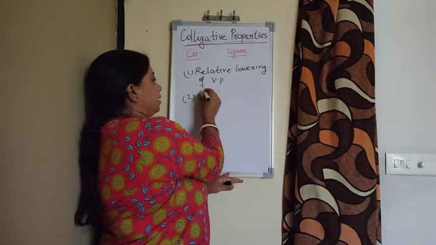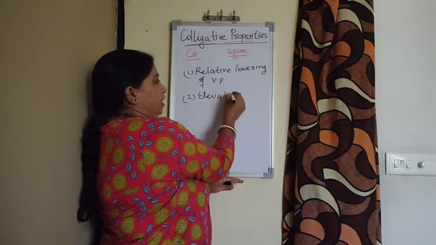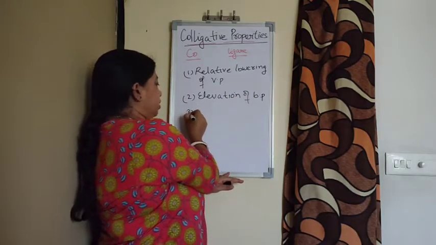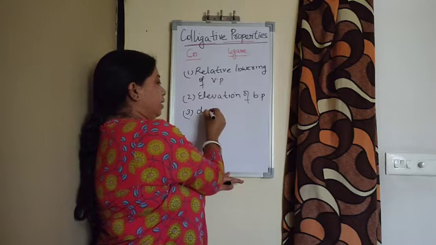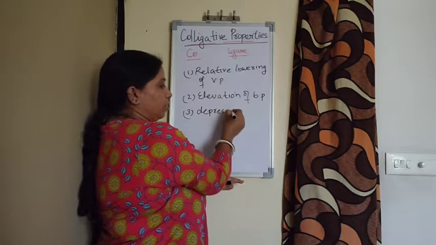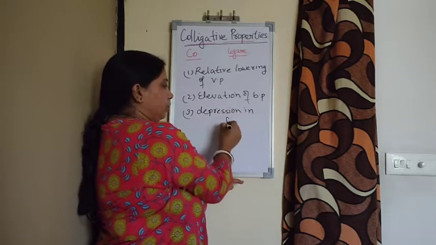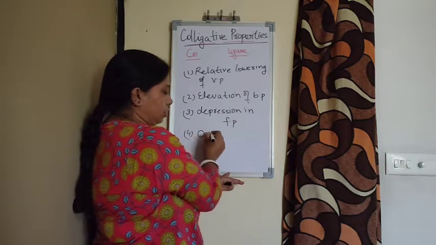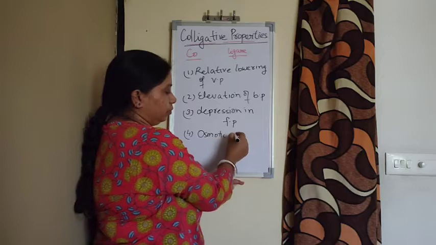Second is elevation of boiling point. Third is depression in freezing point. And fourth is osmotic pressure.